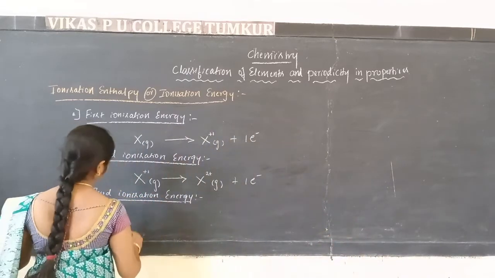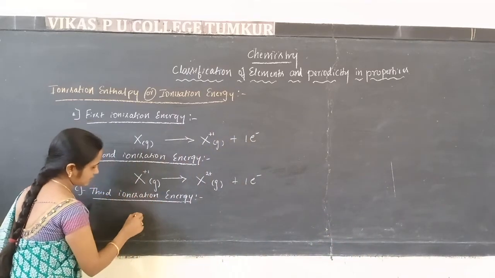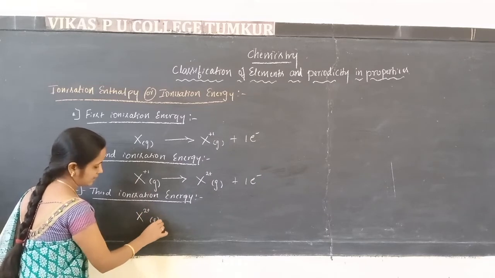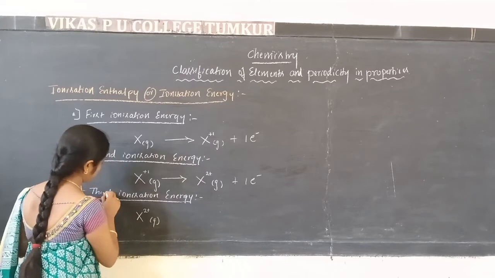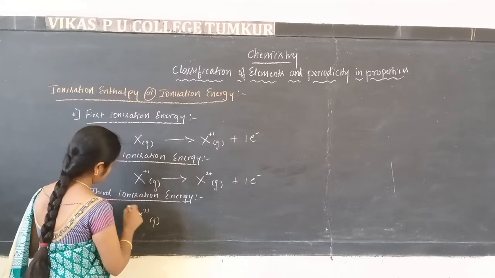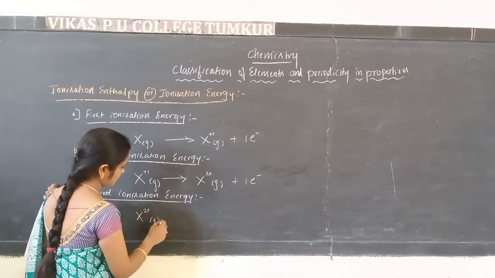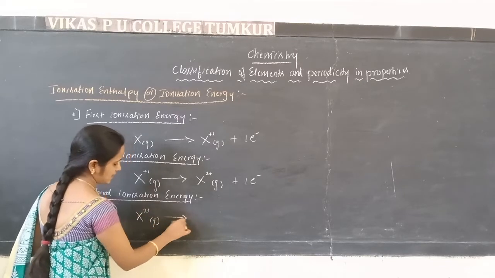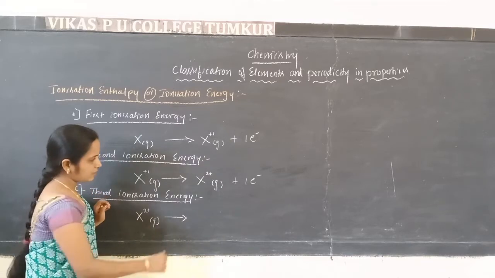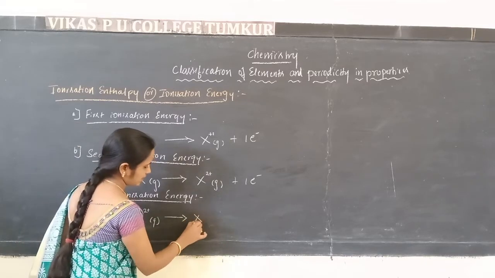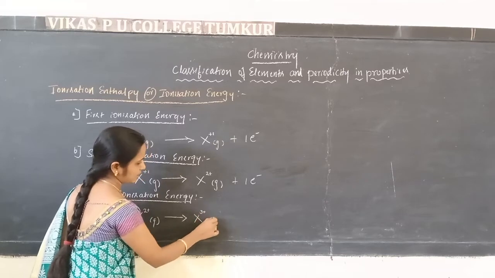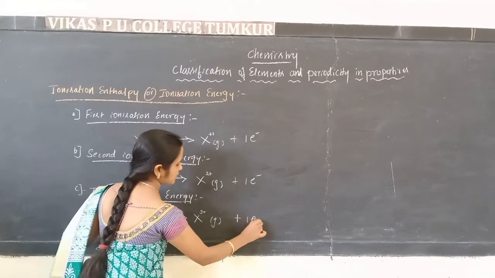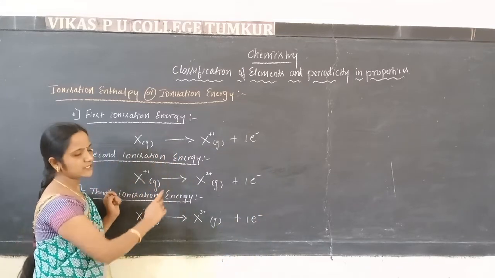From this dipositive ion, removal of the electron gives the tripositive ion. This energy we call the third ionization energy.